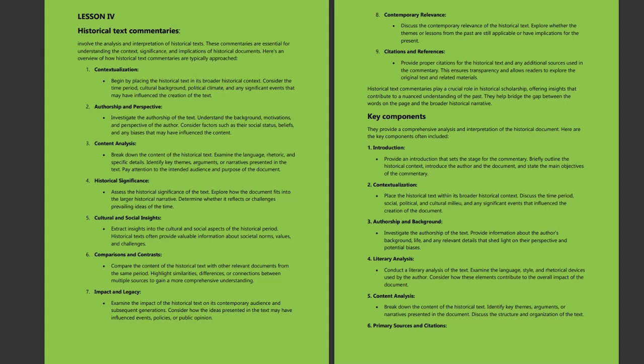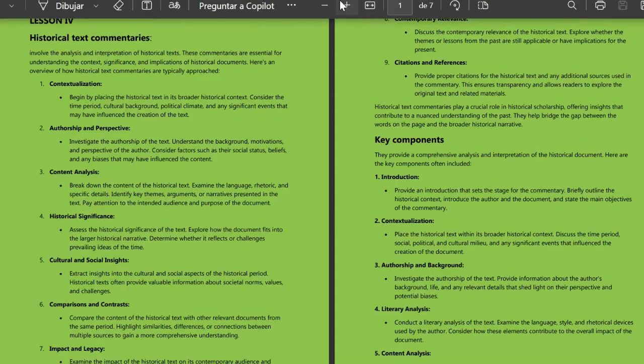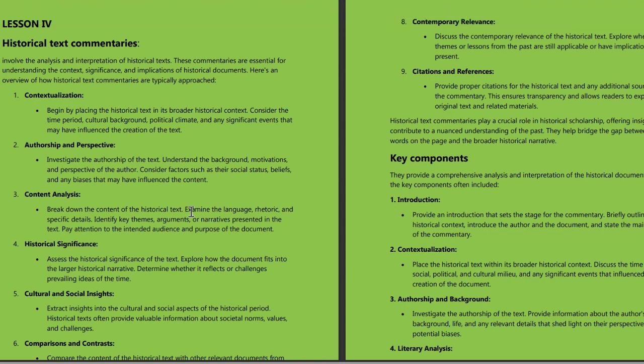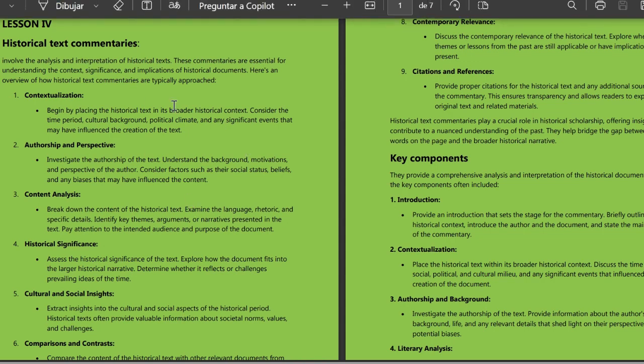Today we have our lesson 4 and we will be talking about historical text commentary. Reading about this, we can say that historical text commentary involves the analysis and interpretation of the same.